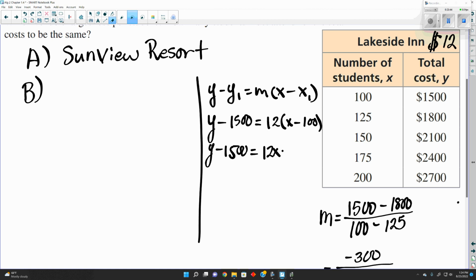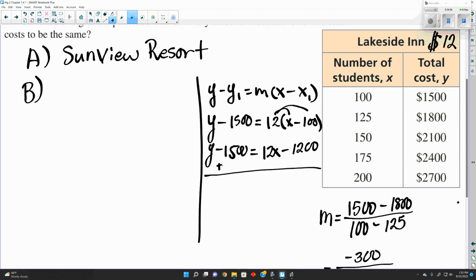We'll have 12x. And as Wyatt said, the first thing we would do is multiply 12 by 100. What are we doing right here? 12 times 100.